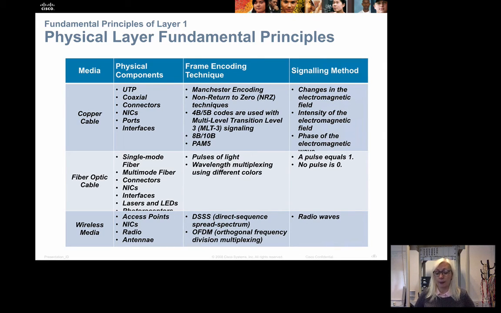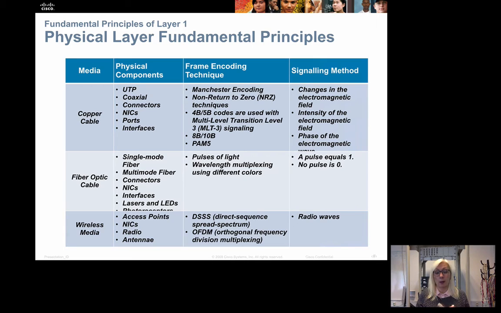When we are looking at the fiber optical cables, which could look like this, for instance, well then we have either light or no light. A pulse equals 1 and a no pulse equals 0. And we have different types. We will look at that in the next section.